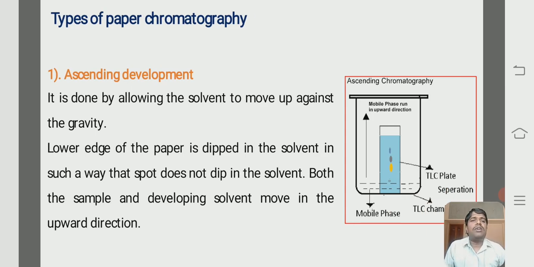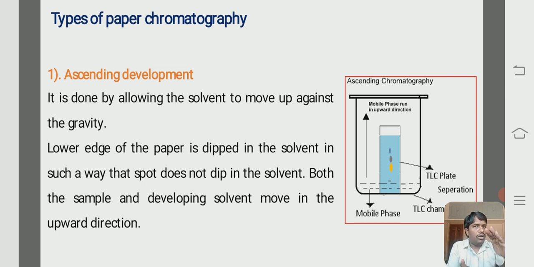Coming to the types of chromatography, we have 4 types in paper chromatography. The first one is ascending development. The ascending technique is done by allowing the solvent to move up against gravity through capillary action.